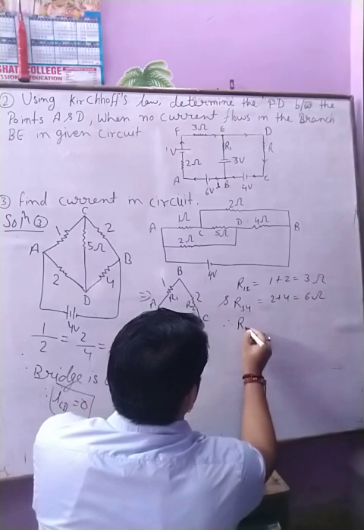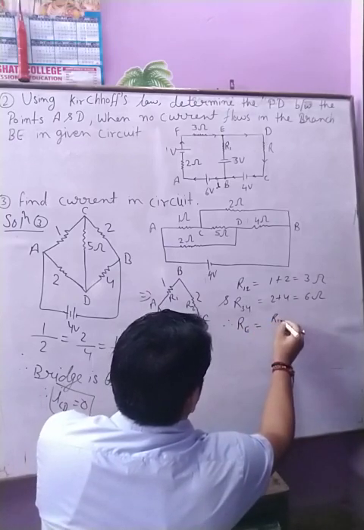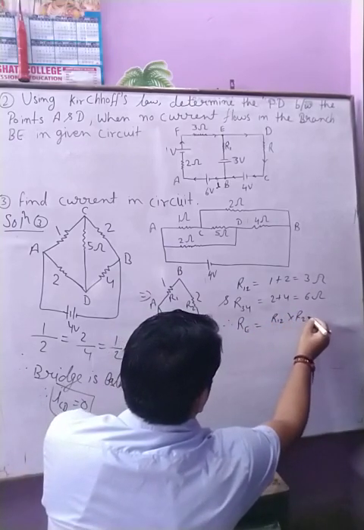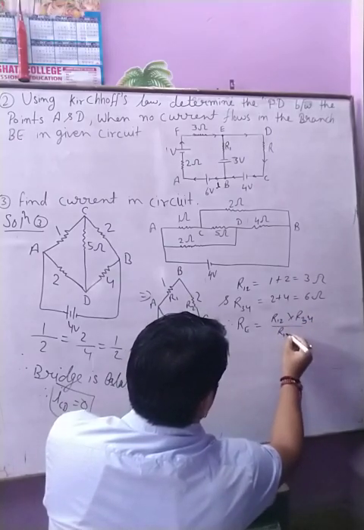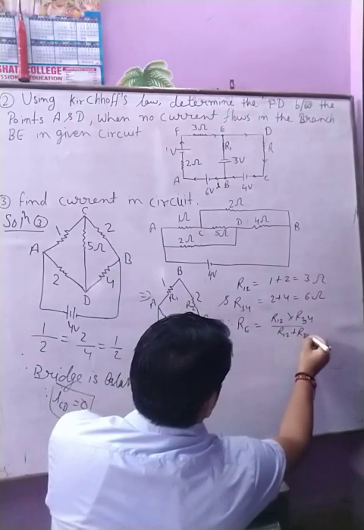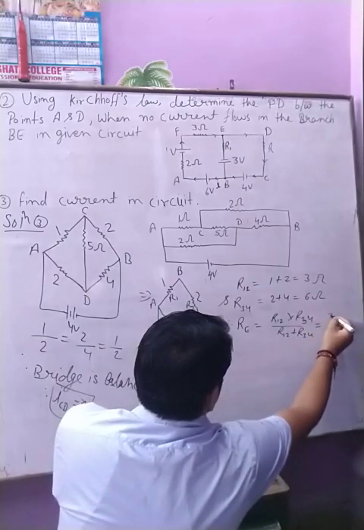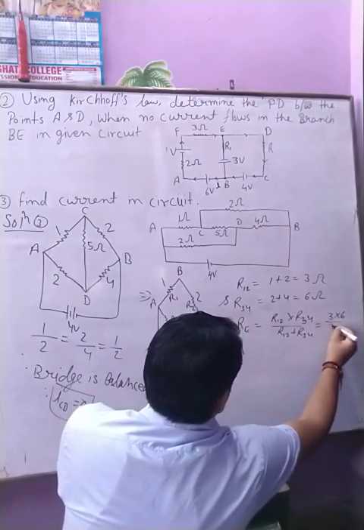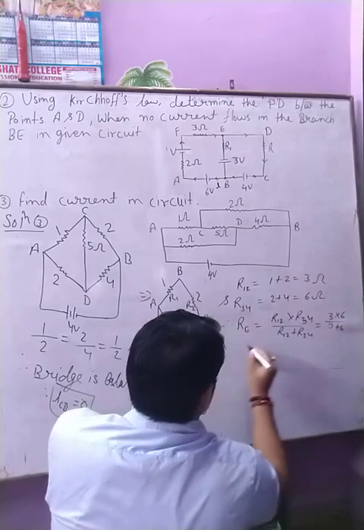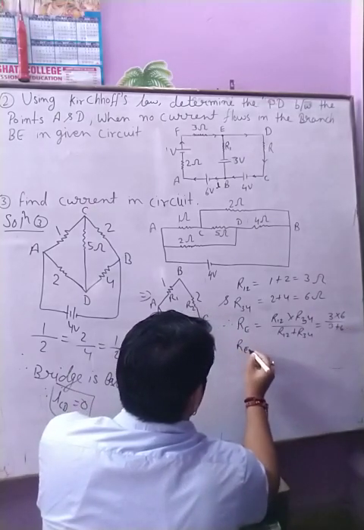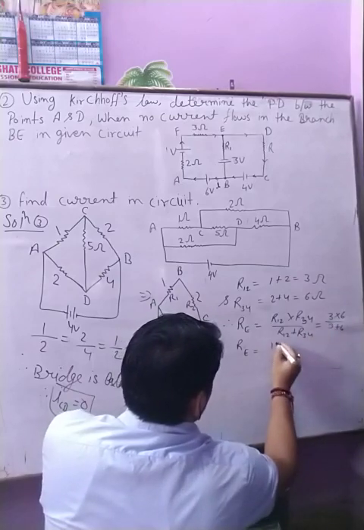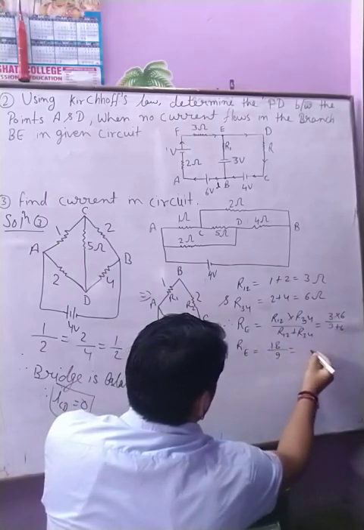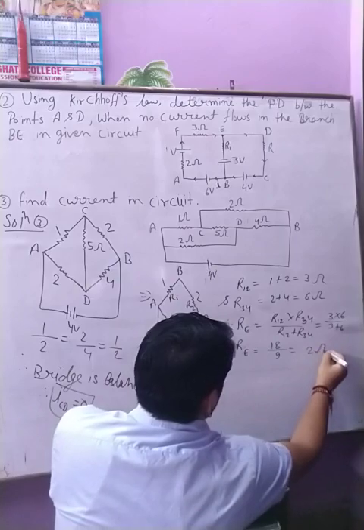Therefore equivalent resistance is R12 into R34 upon R12 plus R34, which is 3 into 6 upon 3 plus 6, which we get R equivalent is 18 upon 9, which is 2 ohm.